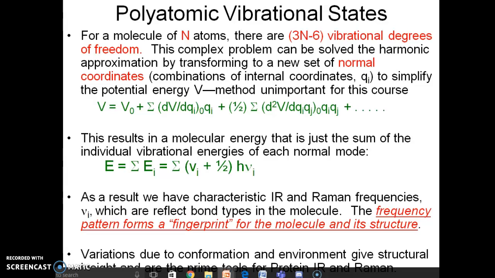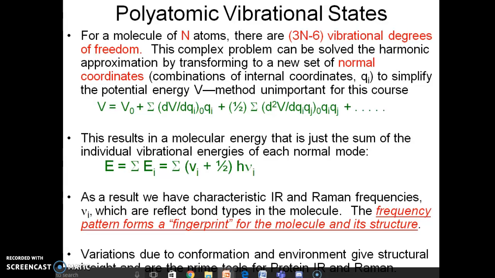This results in a molecular energy that is the sum of the individual vibrational energies of each normal mode, that is, E is equal to the sum over j of (v_j plus half) h nu_j.